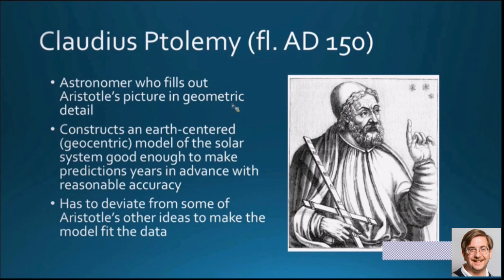The important thing is to be able to predict the phenomena, not to know how the real objects are moving through three-dimensional space. That's an interesting question, but in his main work, the Almagest, Ptolemy does not care about that particular point. And so throughout the work, there are incompatible geometric constructs, and the whole thing kind of looks cobbled together in a very awkward way. That will become important later on.